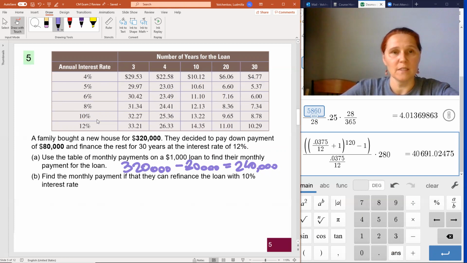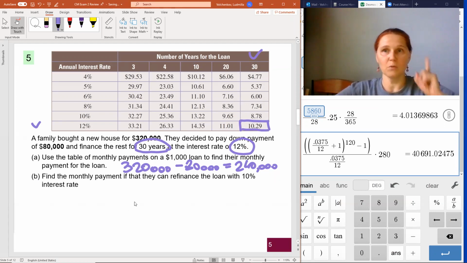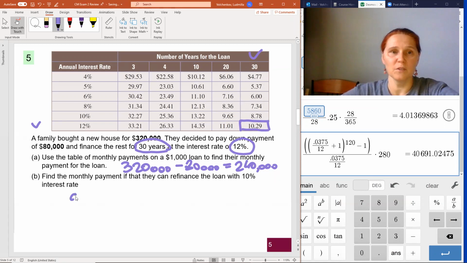This loan is taken for 30 years with the interest rate of 12%. 30 years, we are at this column, 12%, this line. So we choose this cell in the table, 10.29. This is the regular payment for a 1,000 loan. For a 240,000 loan, we must multiply this number 10.29 by 240, and that's all.